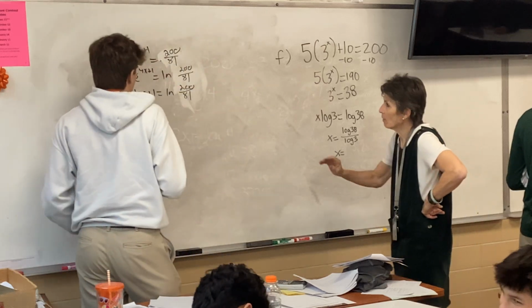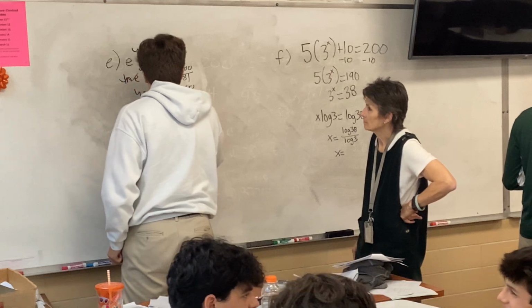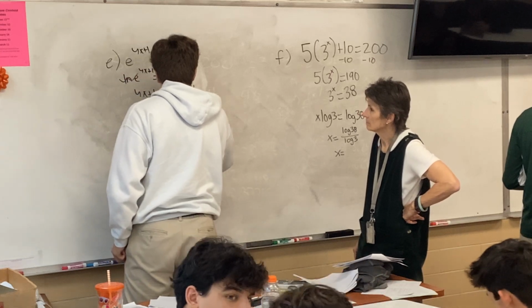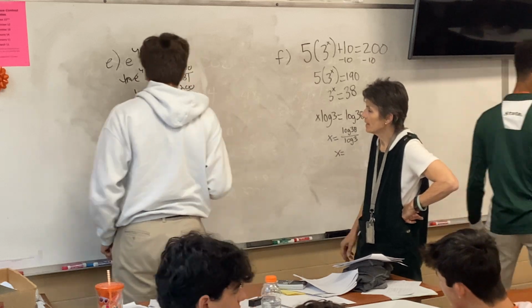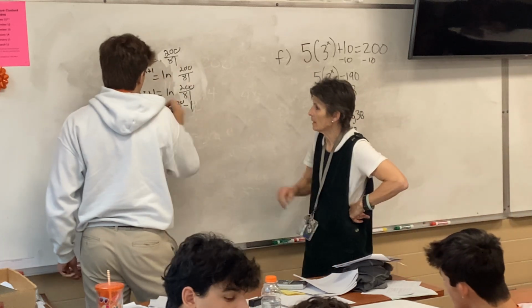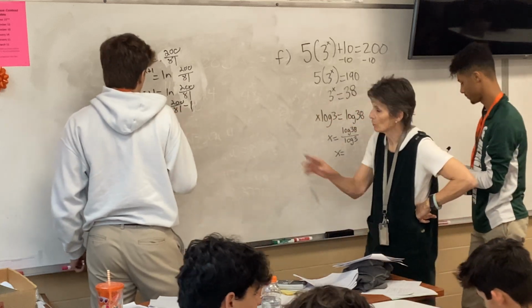Okay, so now, minus 1 from that. And then you're going to divide the whole thing by... should I do this before? You can, it's up to you, just don't round it off.